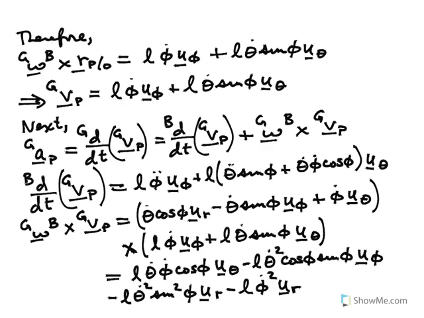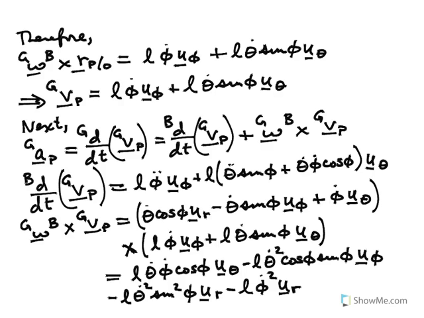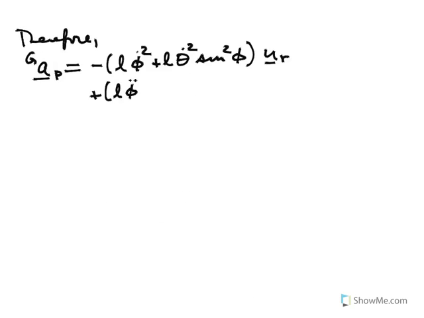The next thing I need is the u phi terms, because that's the second basis vector. So I get L phi double dot, and then I look for another u phi term. I get minus L theta dot squared cosine phi sine phi, times u sub phi.